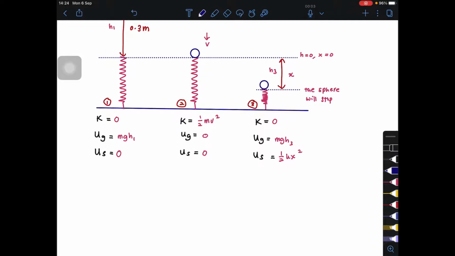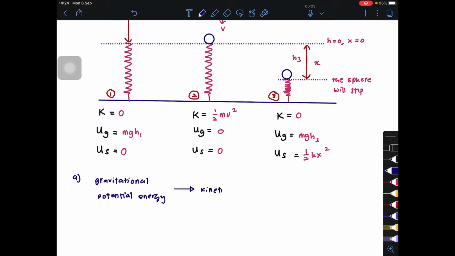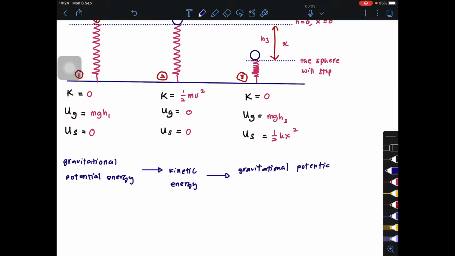So the energy conversion, so just tulis gravitational potential energy, so convert to kinetic energy, and then convert to gravitational potential energy and elastic potential energy.